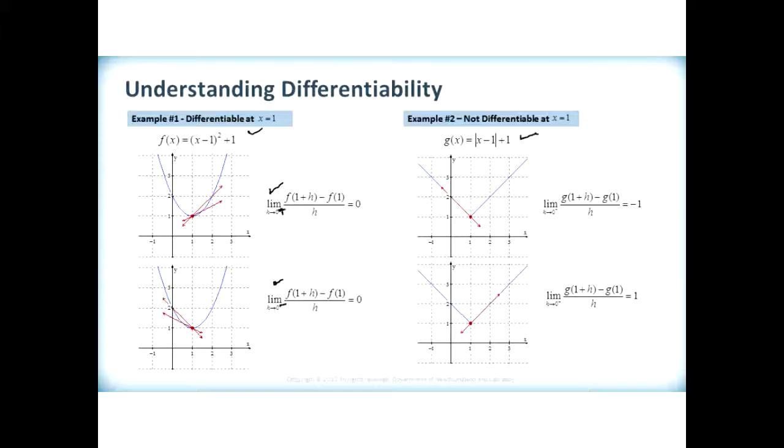All right, so let's think about this for a second. Remember how we first came up with the idea of the limit that we use to find derivatives? Well, it was all about taking secant lines to estimate the slope of a tangent.